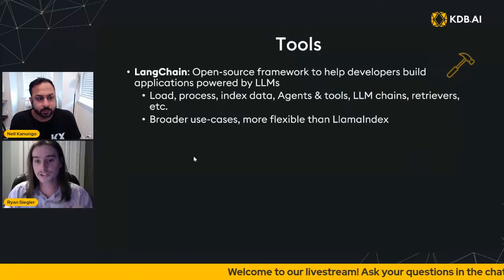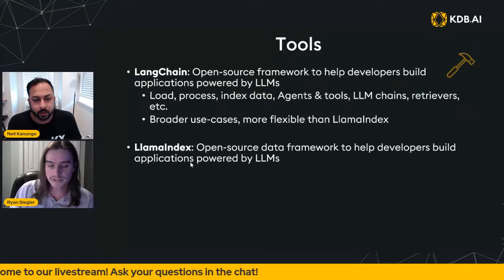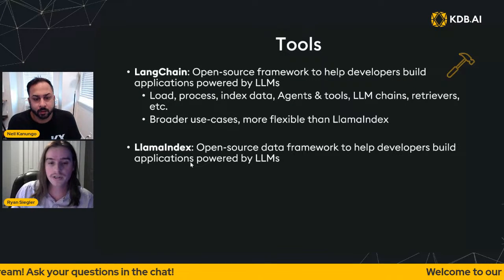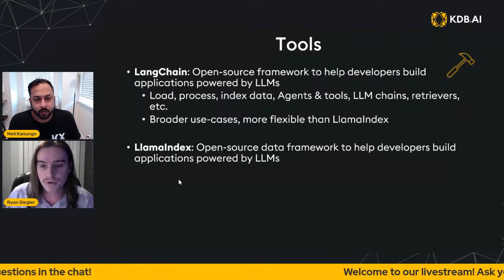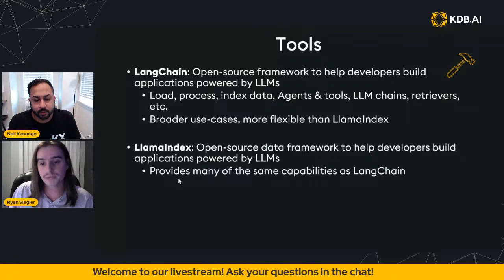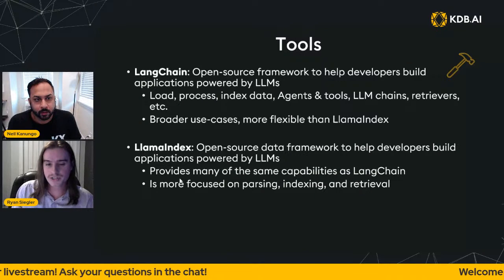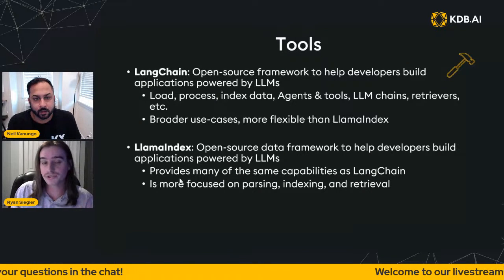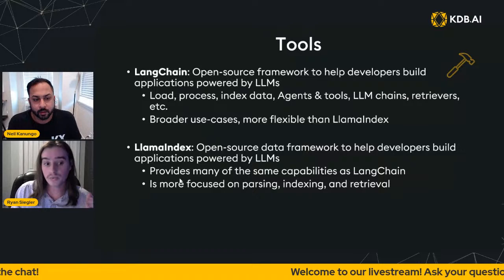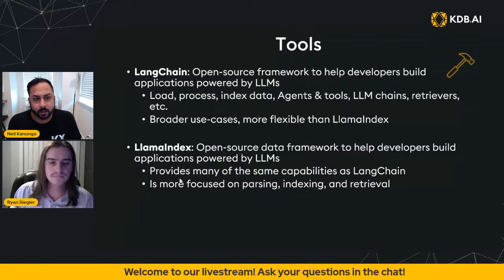It's a little bit more flexible than a different tool called LlamaIndex. LlamaIndex is similar in a way. It's another open source framework, but I would say it's more focused on a few key areas of working with LLMs and building applications for LLMs. It's really more focused on the data parsing, indexing, and retrieval pieces of working with data and building, for example, a RAG pipeline.